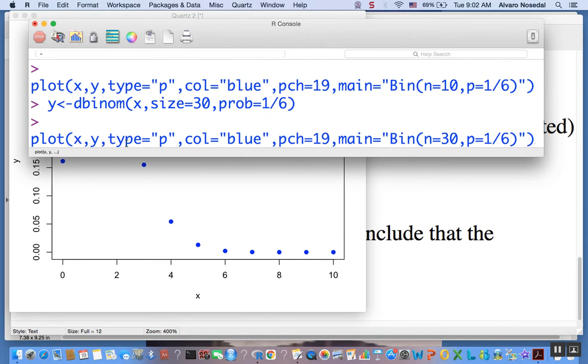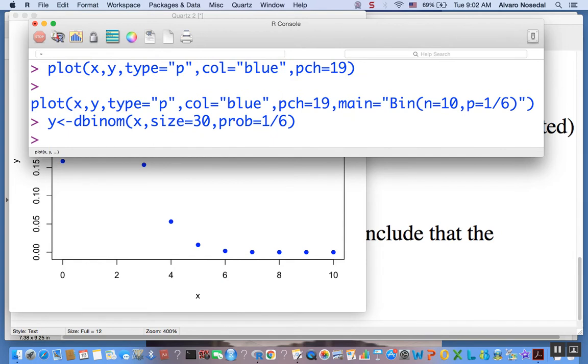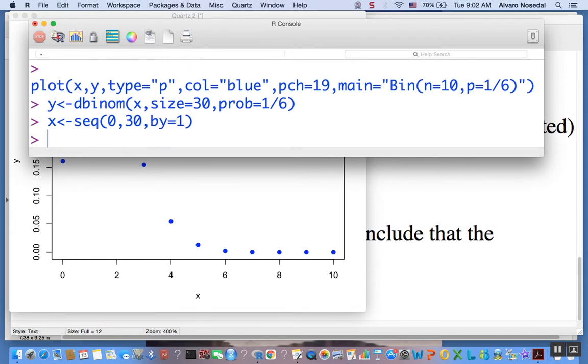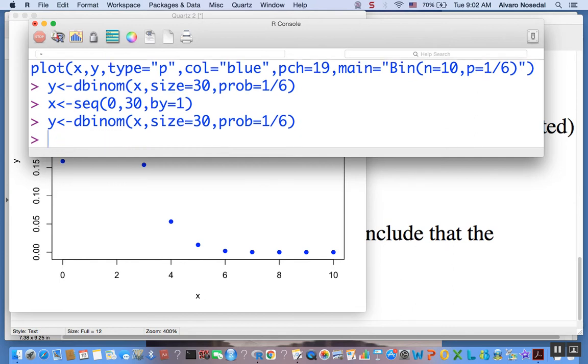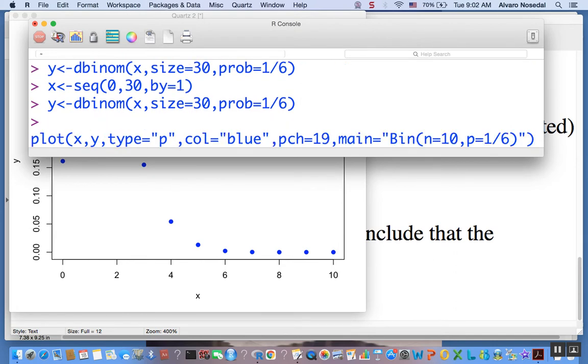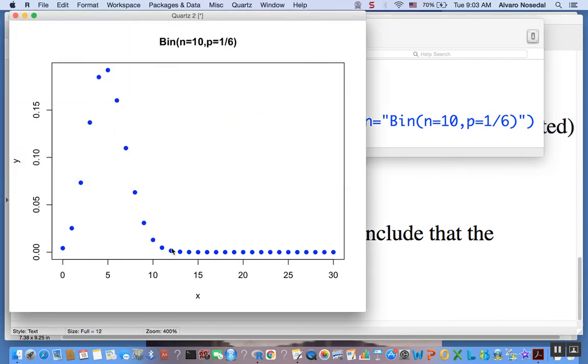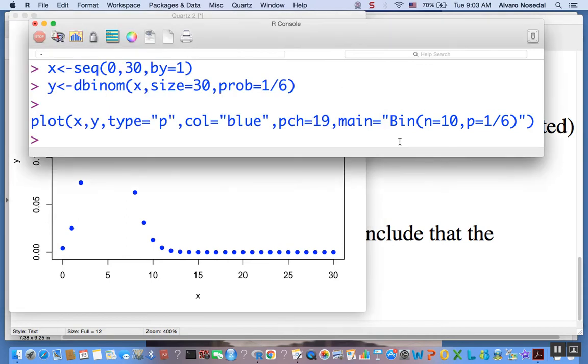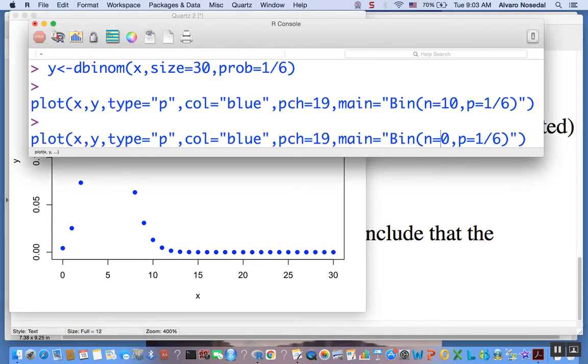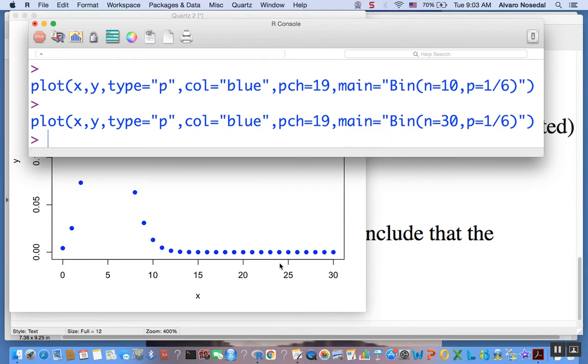Oh my god, then I have to change this. Okay, so let me change the x. Now they should be up to 30. Now y will be evaluated from 0 up to 30. The probability we're going to leave unchanged. Now let's graph. That makes more sense. Okay, better. And now I should change this title. This one is now with n equals 30.